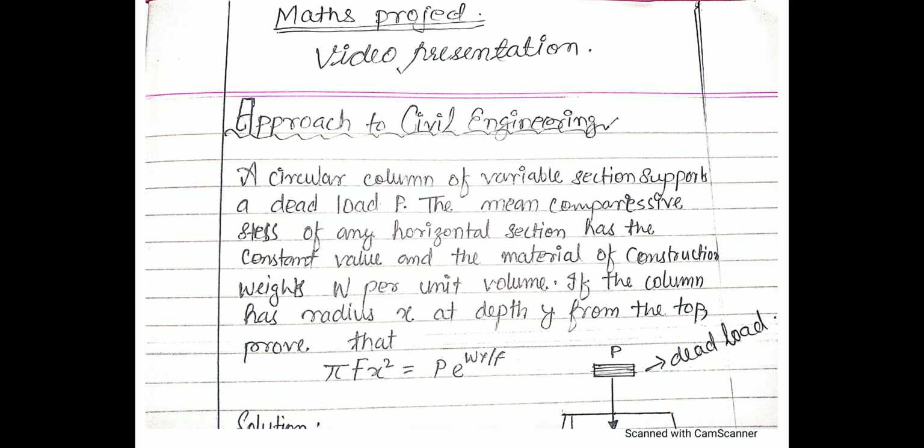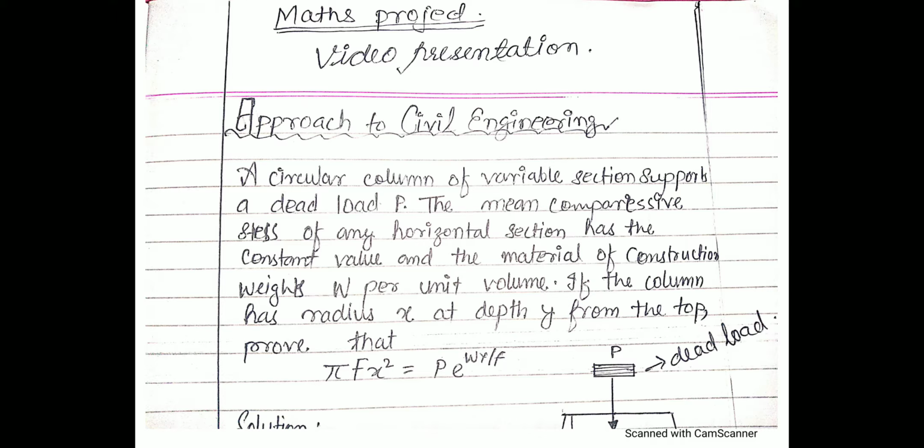The first question is related to application to civil engineering. Let's read the question first. A circular column of variable section supports a dead load P. The mean compressive stress at any horizontal section has a constant value f. The material of construction has weight W per unit volume.